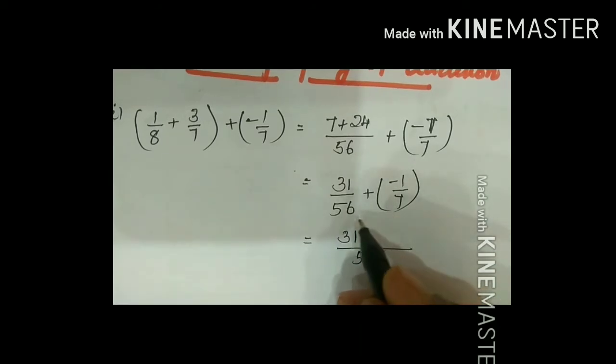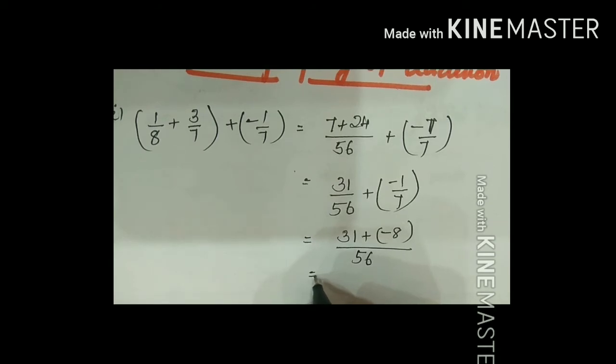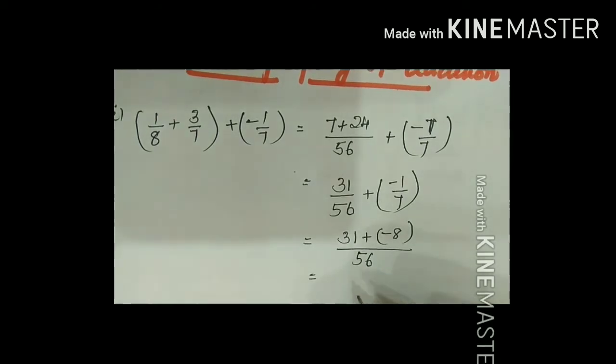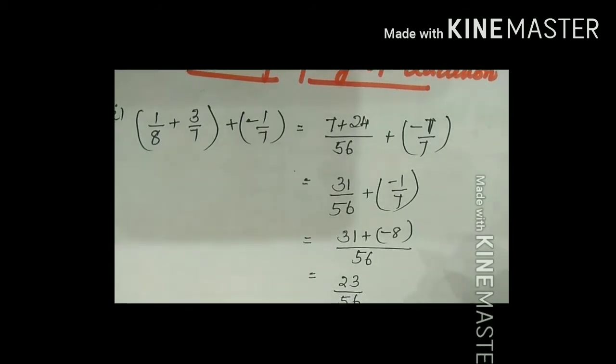Here 8 7s are 56, so 8 into minus 1 is minus 8. So 31 plus minus 8 is equal to 23 by 56. This is the result. So I have added first and second, then the third one.